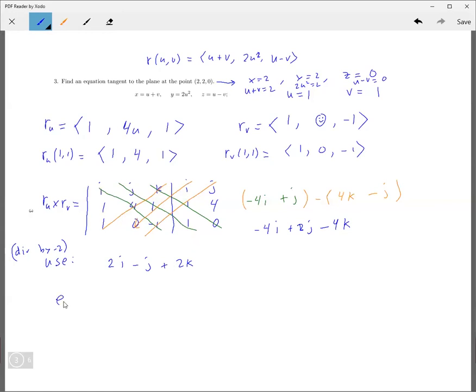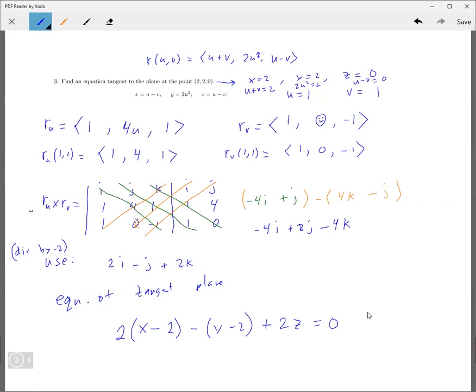Okay, so the equation of the tangent plane is 2 times x minus the x point, which is 2, minus 1 times y minus 2, plus 2 times z minus 0.